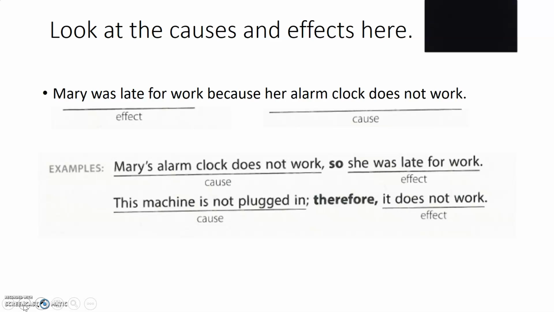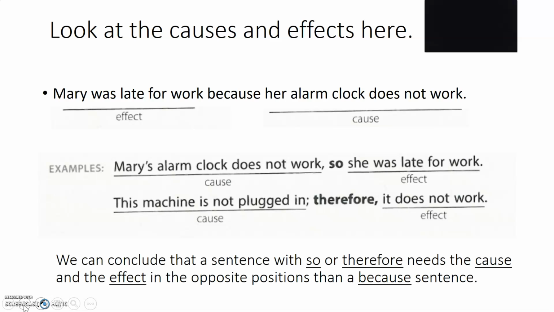And see where the causes and the effects are in each of these sentences. We can conclude that a sentence with so or therefore needs the cause and the effect in the opposite positions than a because sentence.